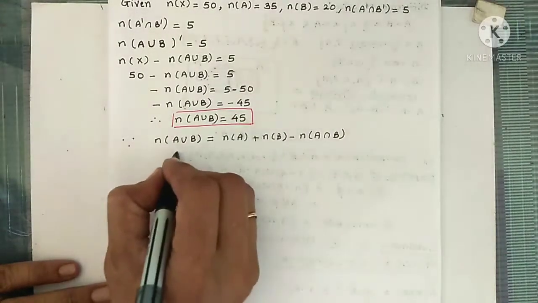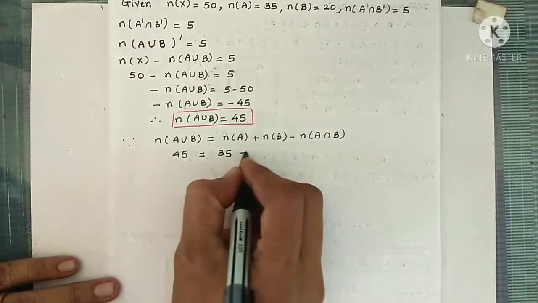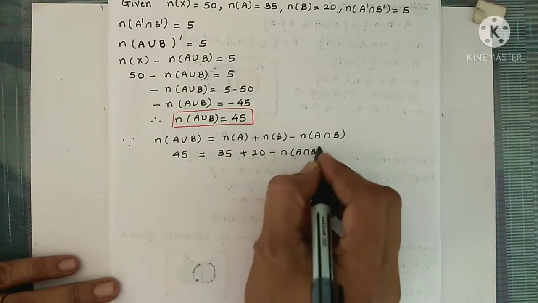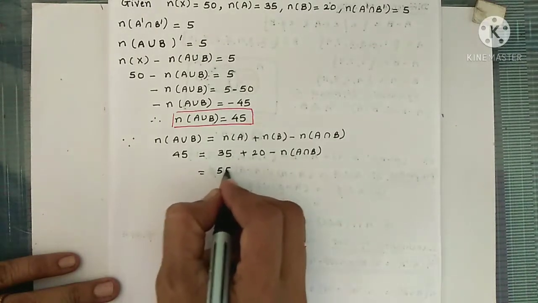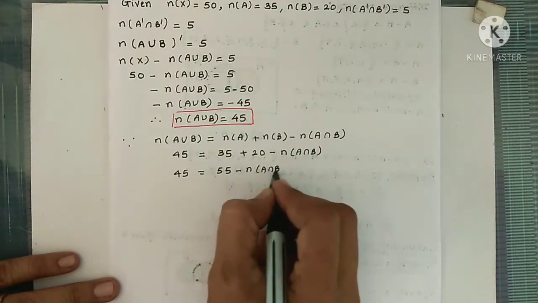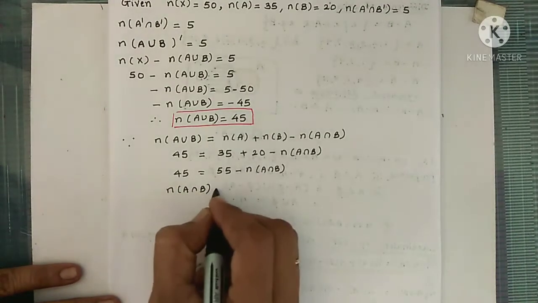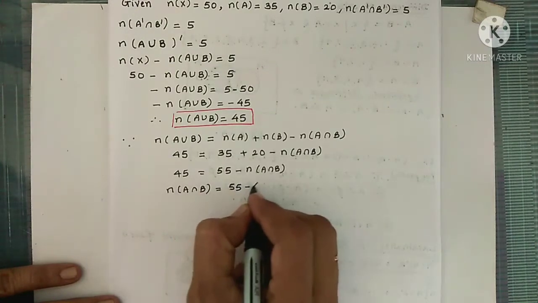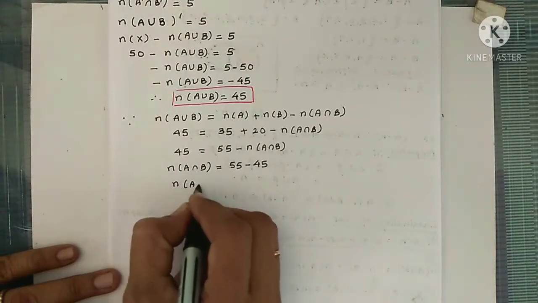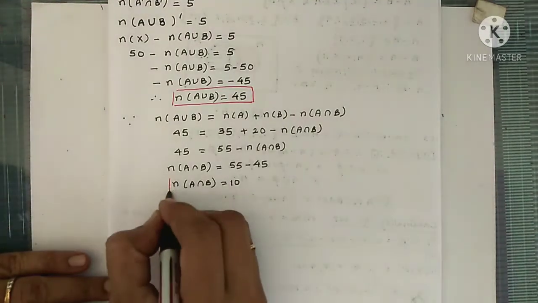Now n(A union B) is 45, n(A) is 35 plus n(B), that is 20, minus n(A intersection B). Adding these two numbers, we have 55 minus n(A intersection B). So let's move this term to the left, so it becomes positive, and writing 45 to the right-hand side, it becomes minus 45. So now we have n(A intersection B) equals 10. So this is the second value.